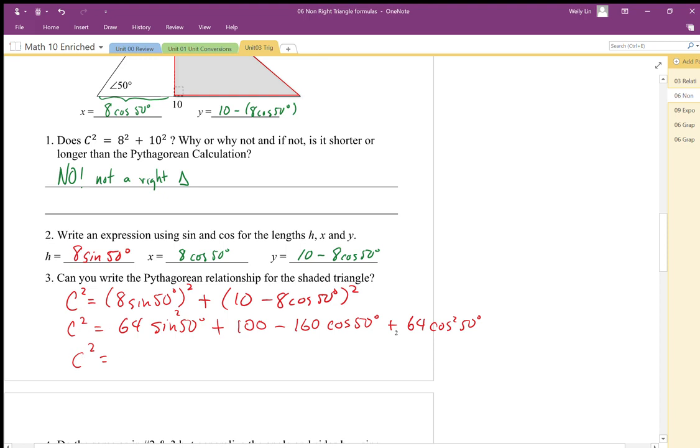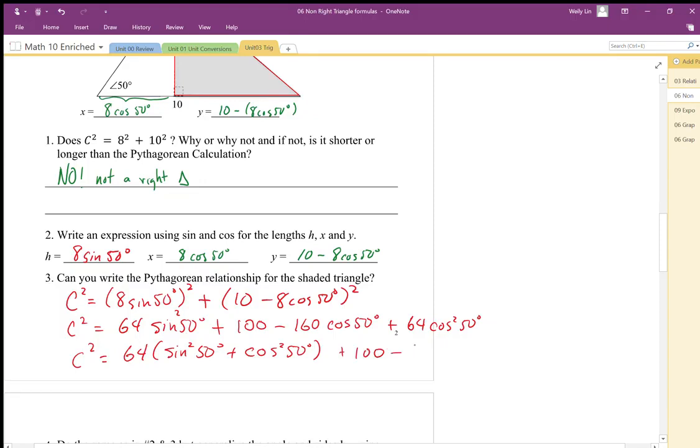Just before I finish this, I want to group a few things together because I'm going to do this algebraically as well. I want you to notice that we end up with 64 sine squared 50 and 64 cosine squared 50. So if I factor out the 64, I get 64 times sine squared 50 plus cosine squared 50. Well, that is an identity.